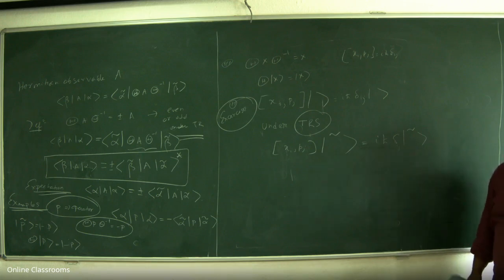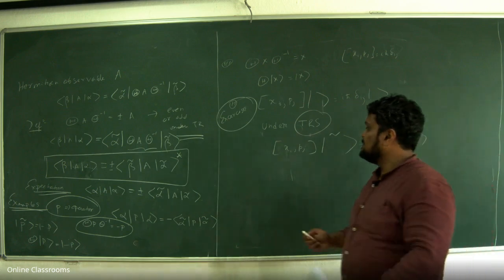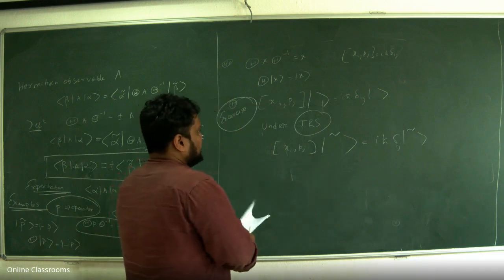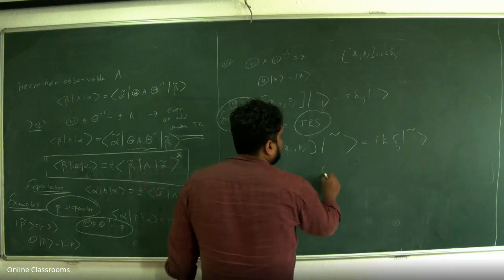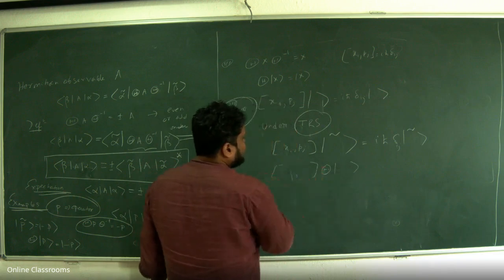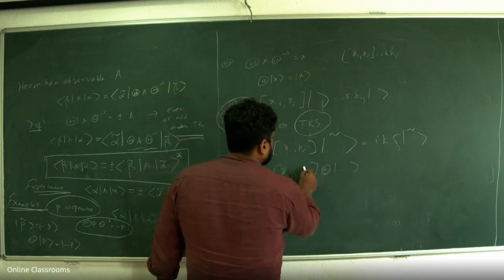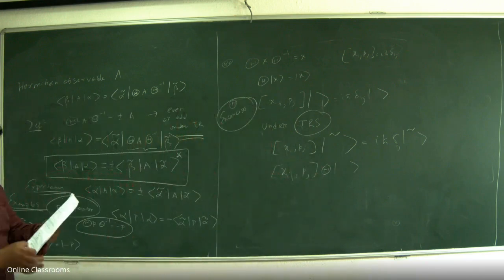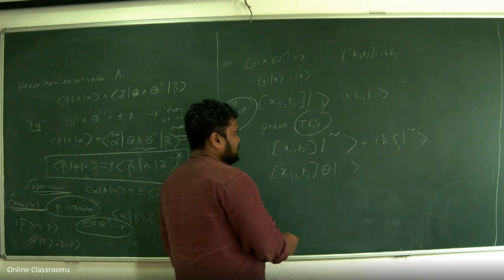Everybody understood the statement? Then I'll tell you a bit how to prove it. Online audience? Yes, sir. Okay, so the proof is very simple. When you go to the time reverse partner, you have to use the theta here. I'm just hinting at the proof, you work out the details.